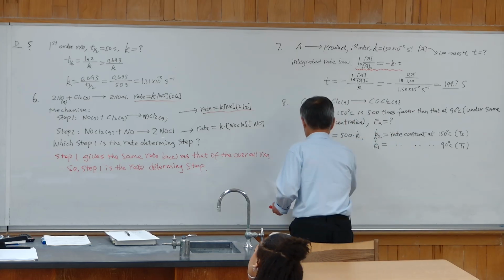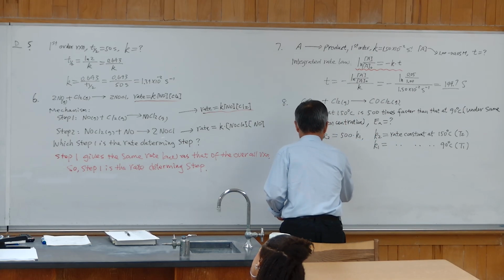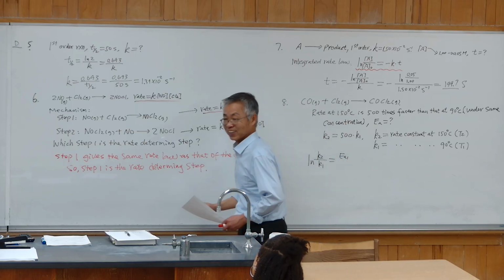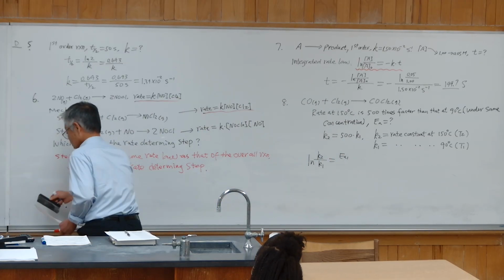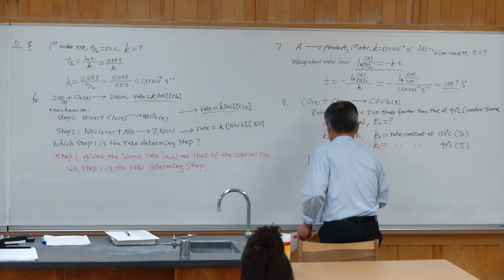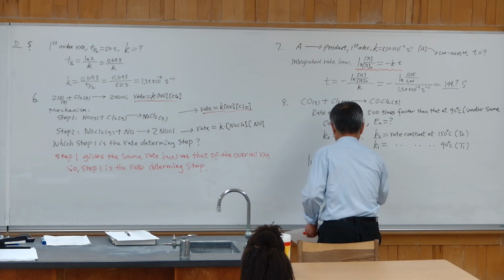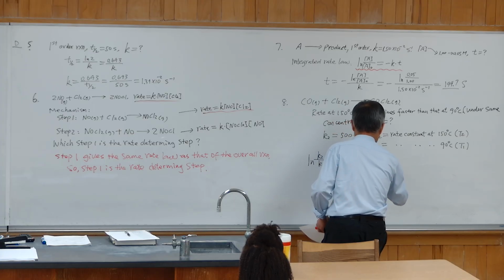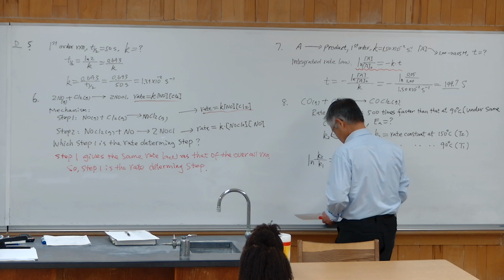Then the equation is the natural log of K2 over K1 equal to EA, not EA1, EA, divided by R times the reciprocal of T1 minus the reciprocal of T2.